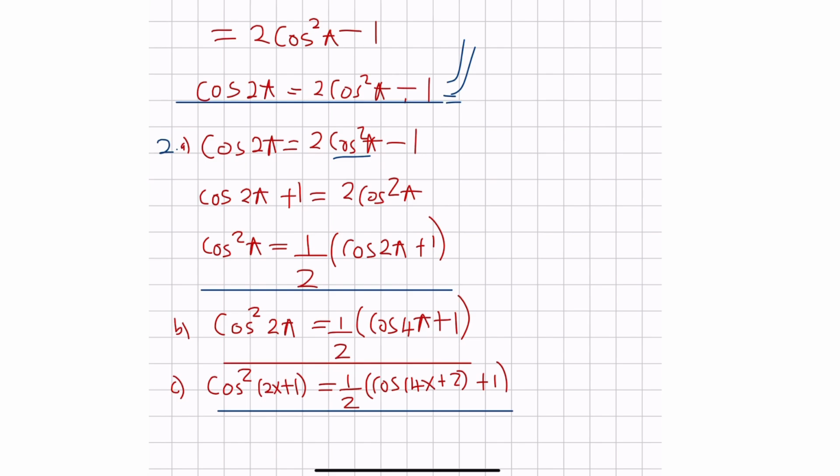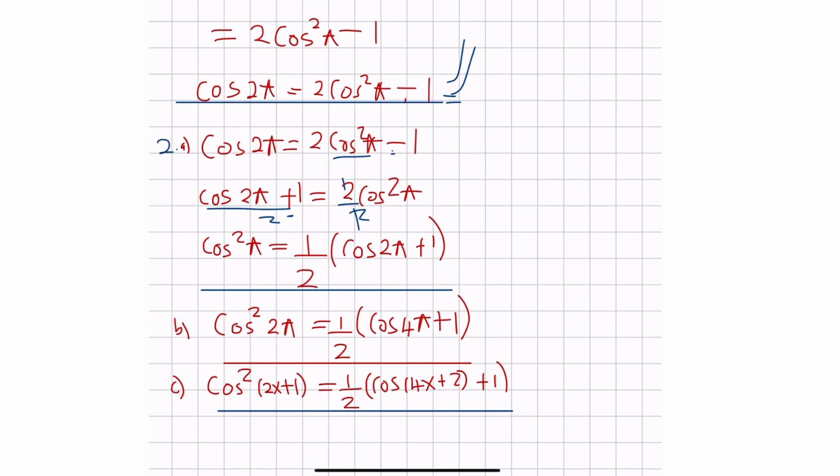So it's cos 2A, negative here will become positive on the right hand side, is equal to 2 cos squared A. Hence 2 cos squared A is equal to, we divide both sides by 2, 1 over 2 cos 2A plus 1.